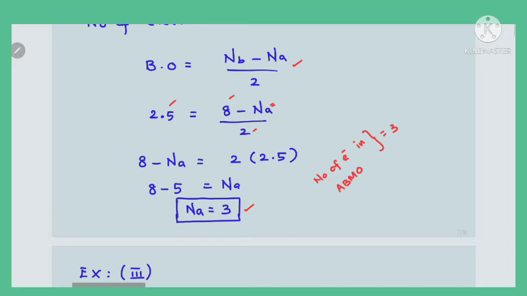When you substitute in the formula, you should get bond order 2.5, isn't it? Nb is 8 minus Na, which we calculated as 3, divided by 2. 8 minus 3 is 5, 5 by 2 is 2.5. So the bond order is correct. The final answer: the number of electrons present in the anti-bonding molecular orbital is 3.